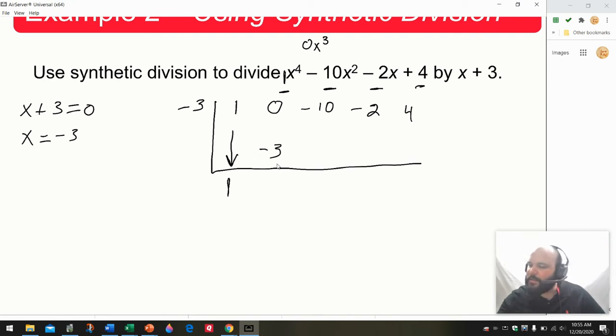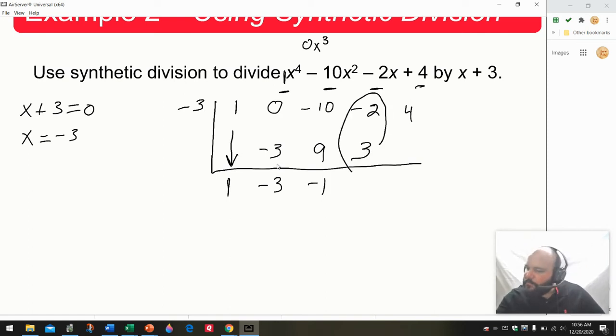So I have 0 plus -3 is -3. Now I'm going to multiply again. -3 times -3. That gives me 9. I'm going to write that 9 right there. Now I'm going to add these two together. So -10 and 9 is -1. Now I'm going to multiply these two, which gives me +3.